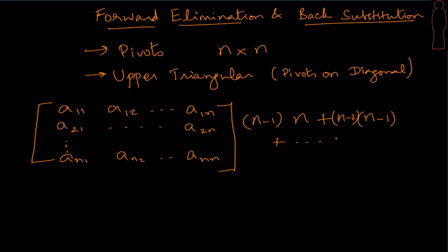We can continue this, and finally you reach a point where I just need 2 floating point operations, the last 2 by 2, and 1 row operation. So this is how it terminates. If we take a look at this expression, one thing for sure is that there is an n square term.